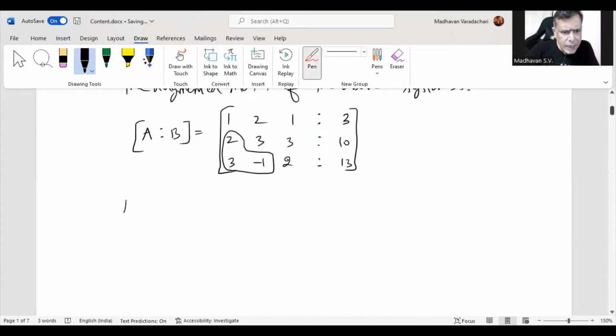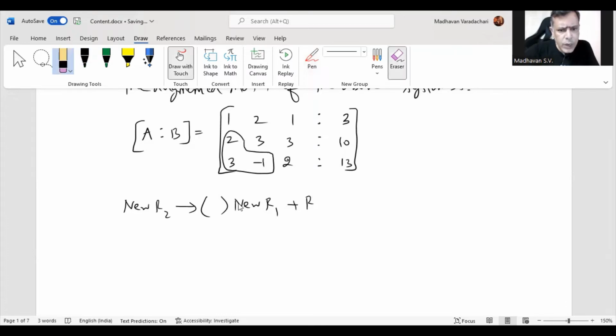I am now creating a new row 2, and that will be something times row 1, which will be our benchmark row, and then we will be adding row 2. Row 1 plus row 2. Now, what is that to get multiplied?